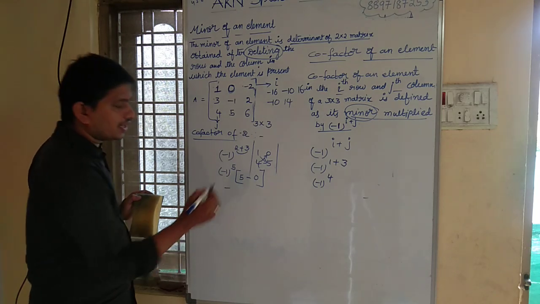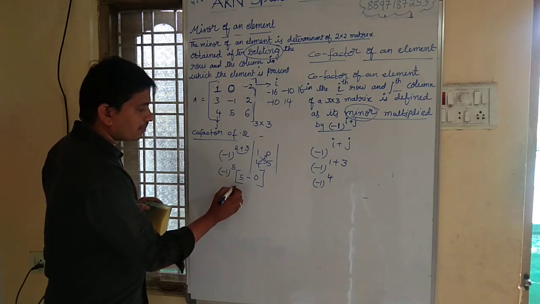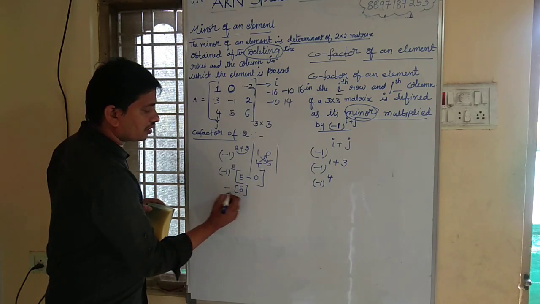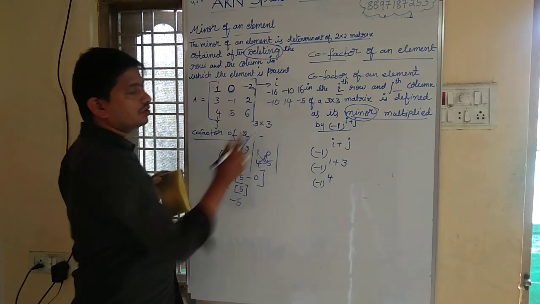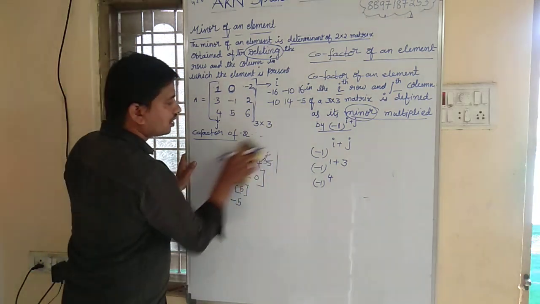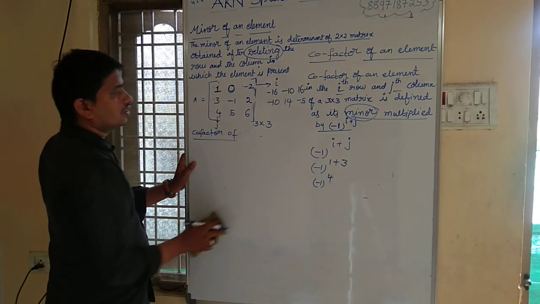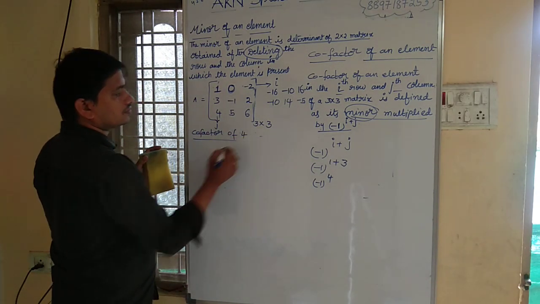Minus 1 to the power 5, minus only. So 5 minus 0, that is equal to 5, minus into 5, that is minus 5, children.